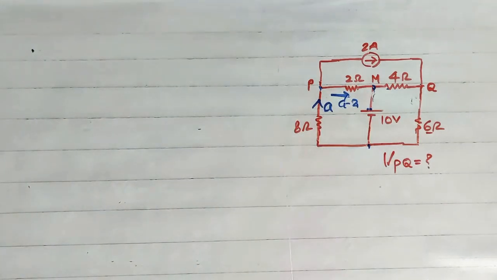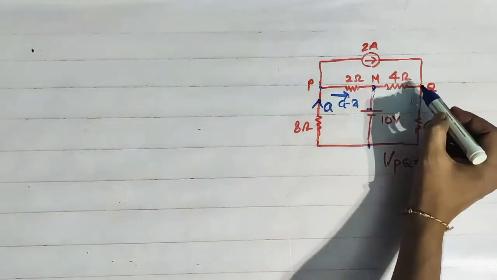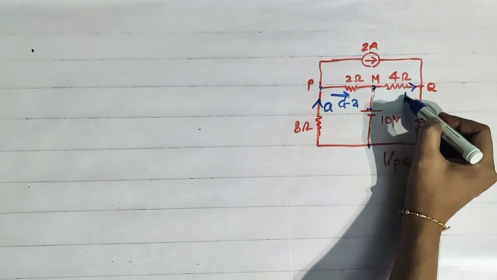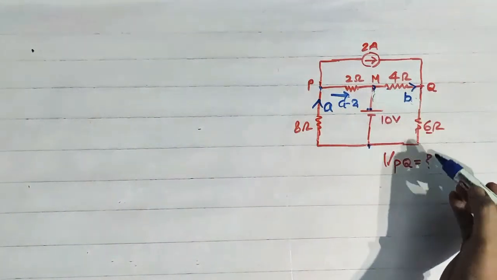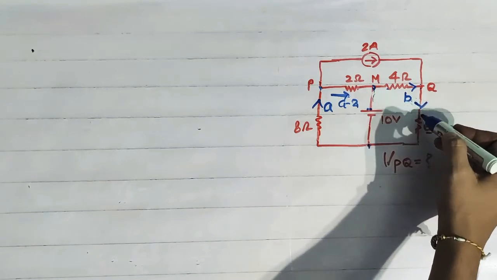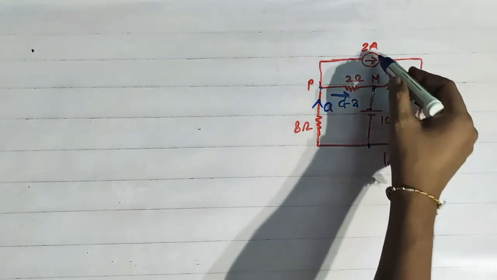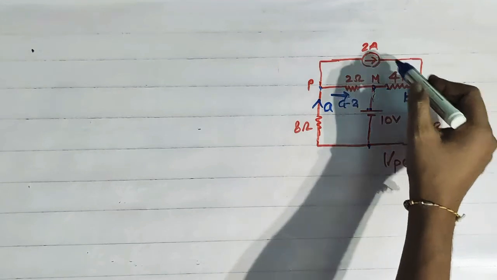Now what is the current here? Suppose the current here is B. This 2 ampere current is entering this node, so the total current in this 6 ohm resistance is B plus 2.